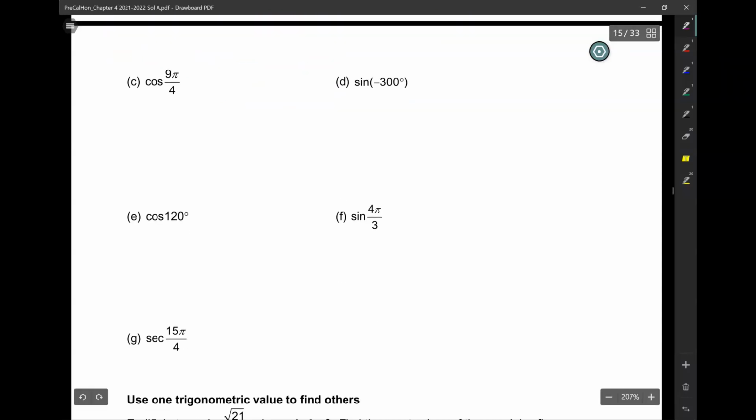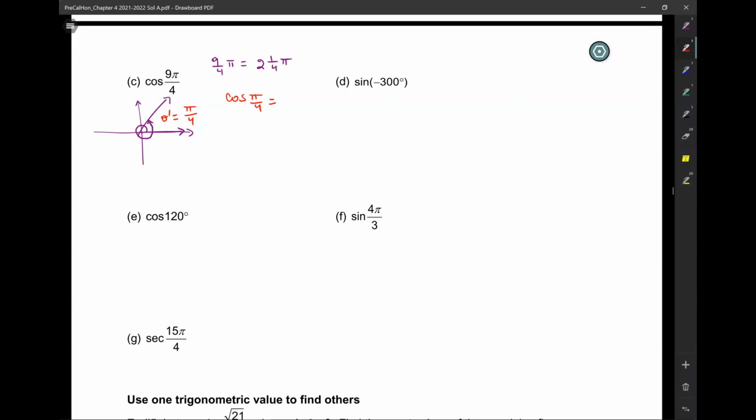9 pi over 4. This is 9/4 of a pi. This is 2 1/4 pi. Okay, let's draw 2 1/4 pi. Start here. 2 pi and a quarter. Here we go. The reference angle is pi over 4. Now, let me find cosine of pi over 4.